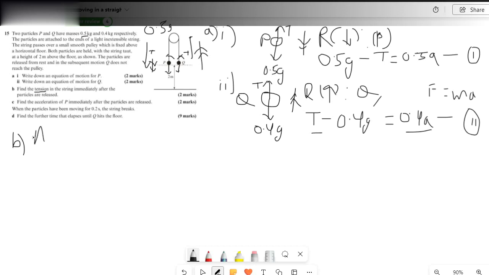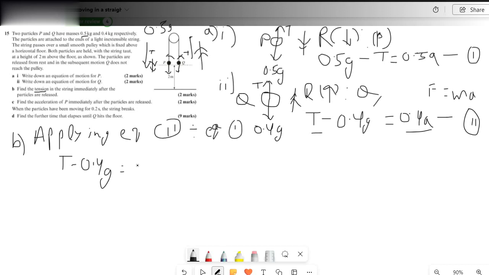So we can say applying equation 2 divided by 1, T minus 0.4g equals 0.4a, and whole divided by 0.5g minus T, and on the right hand side we have divided by 0.5a.